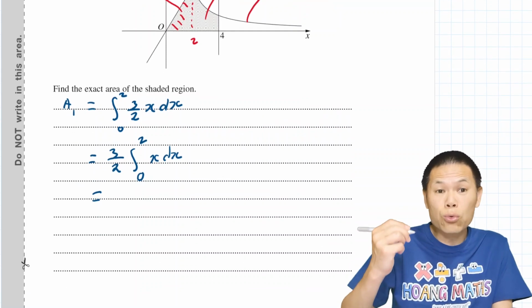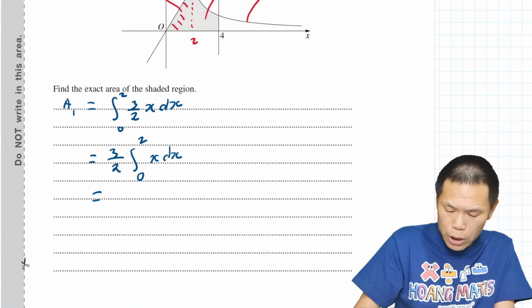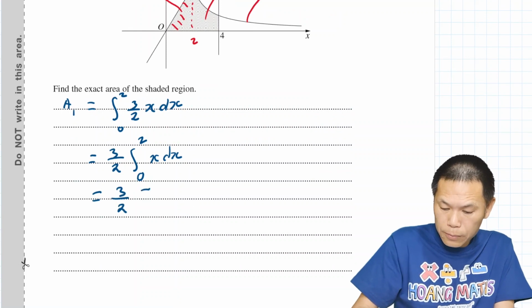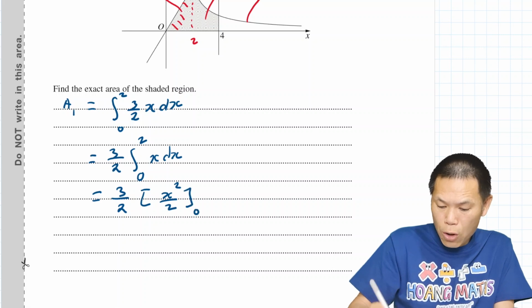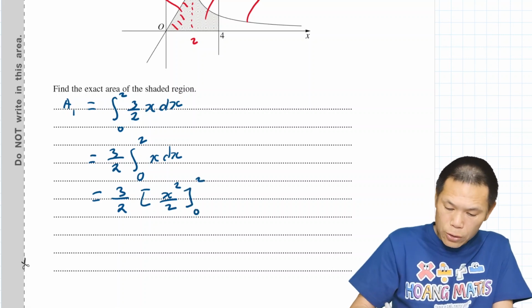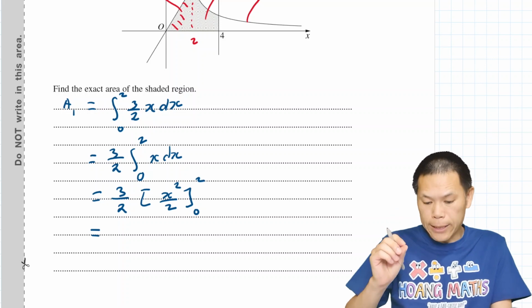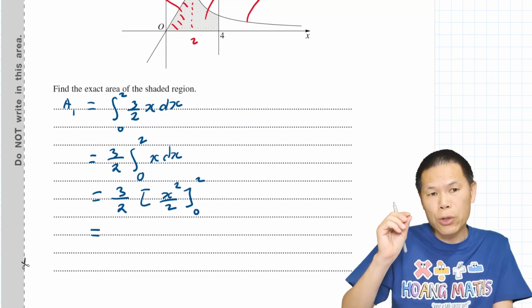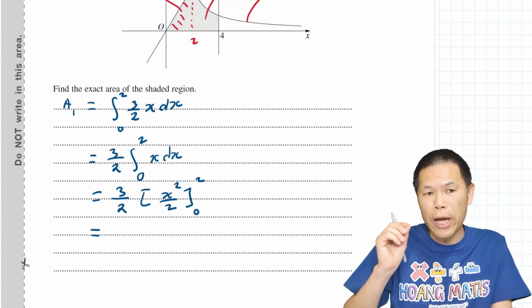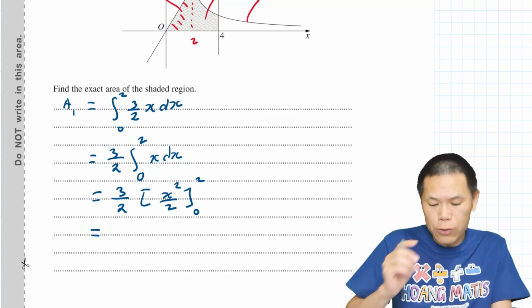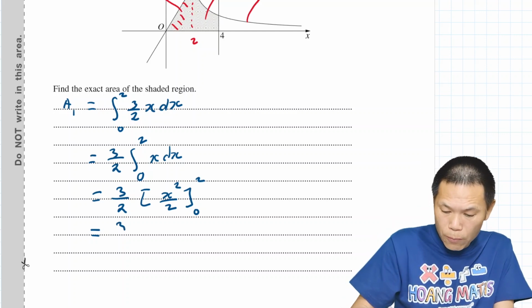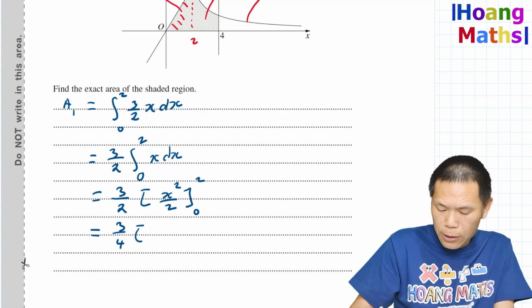So I can take a half out, which gives me 3 over 4, x squared from 0 to 2.